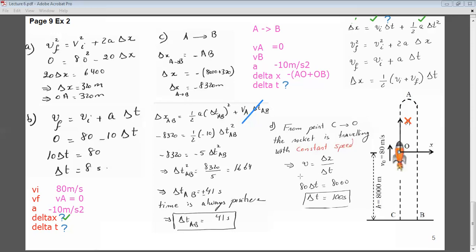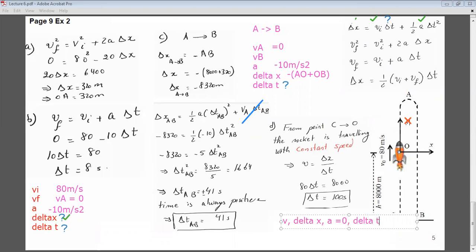Okay, someone might ask me, what if I forget this formula about constant speed? You can use any of these 4 equations. So what do you have here? If it's constant speed, I have the V, I have the delta X, and I have the acceleration because it's 0. And what's the question asking me for?